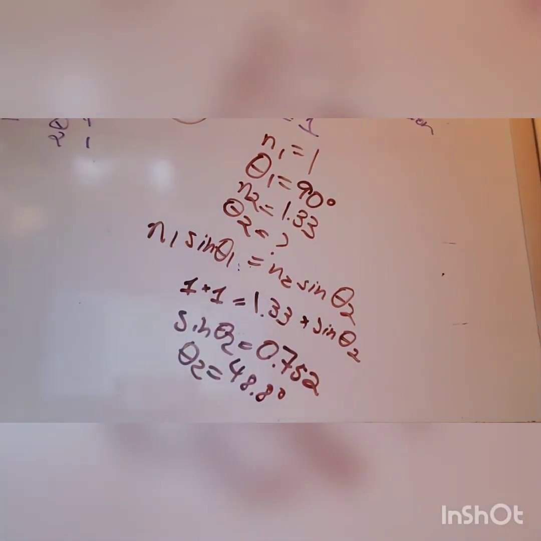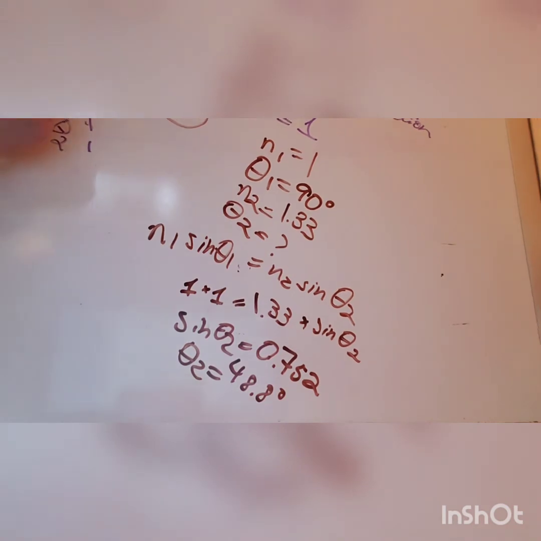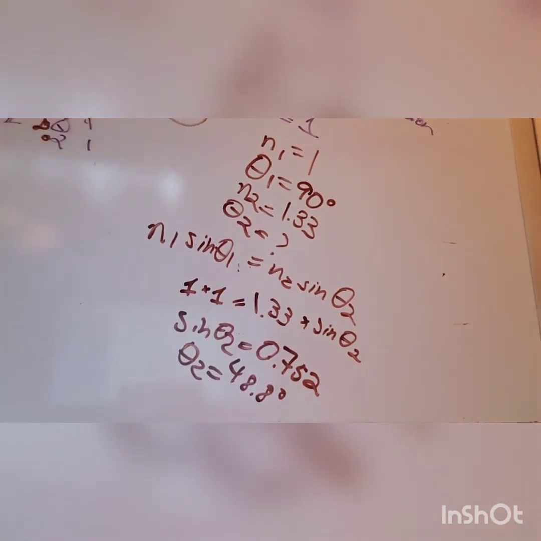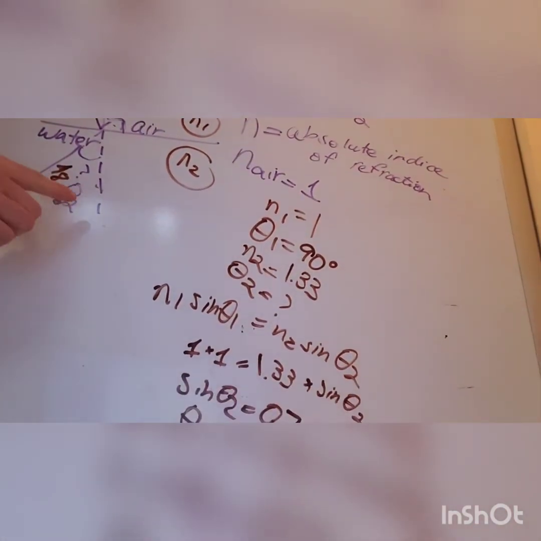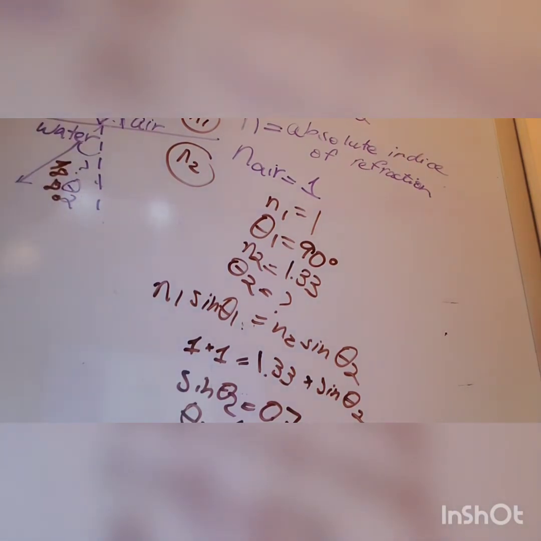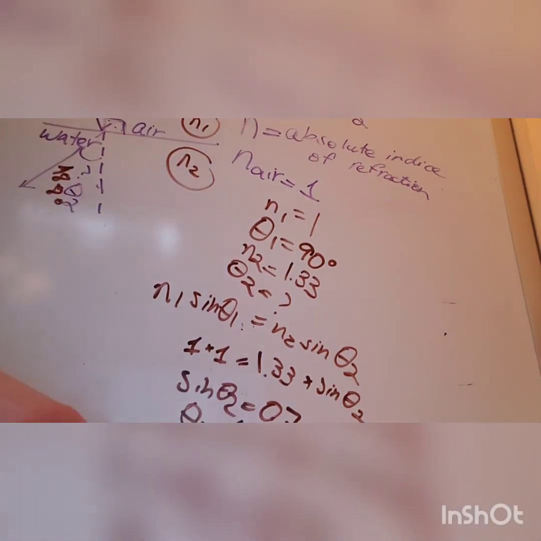I'm sorry it's really slanty at the end. That's what we would draw here when drawing this bent angle. We would draw it with an angle of 48.8 degrees with a protractor. So this is how you would do number 4.